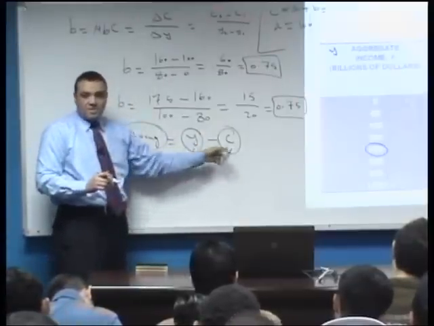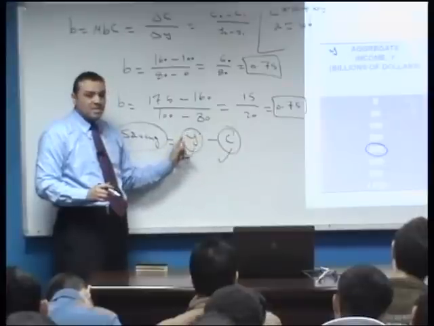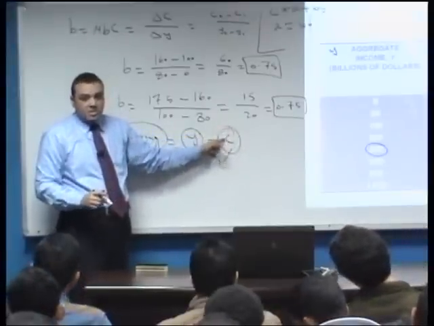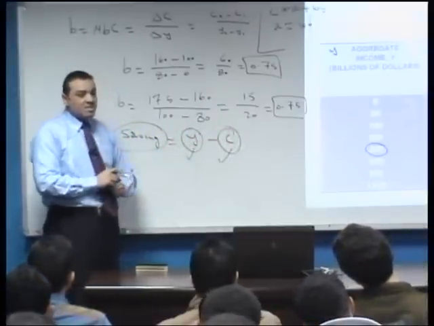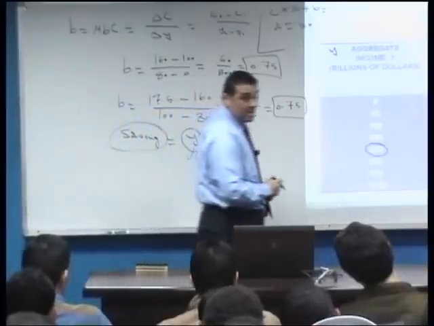And vice versa, if your income is smaller than the aggregate consumption, we have a dissaving, or a negative saving, right?